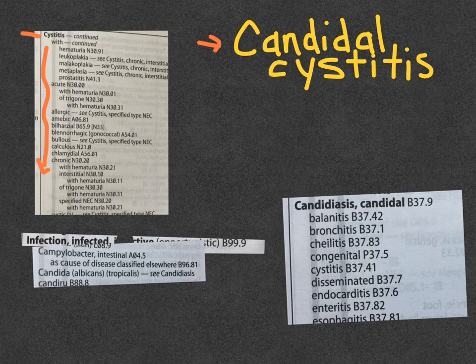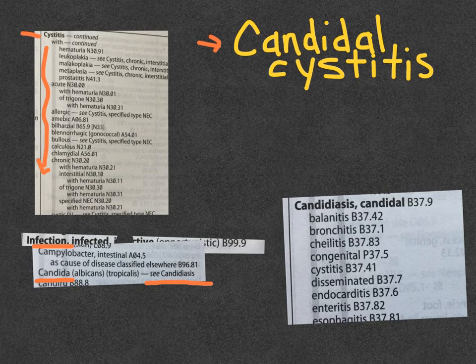However, if we go to instead the main term of infection in the alphabetic index, we can find an appropriate subterm that gives us an instructional note here. So when we find candida, it tells us to see candidiasis, the condition of having the candidal organism.